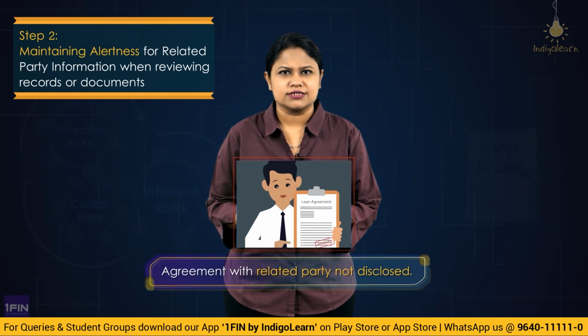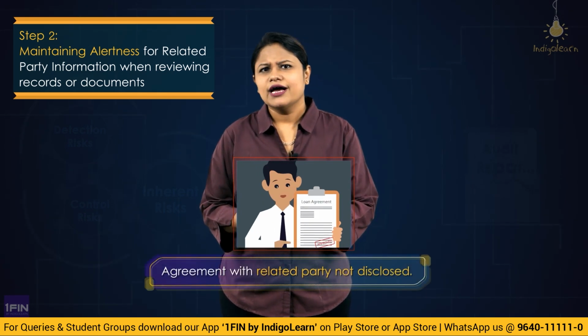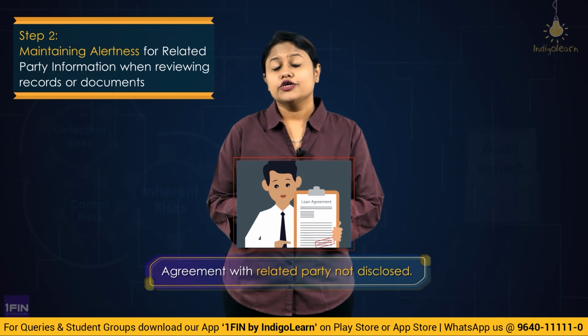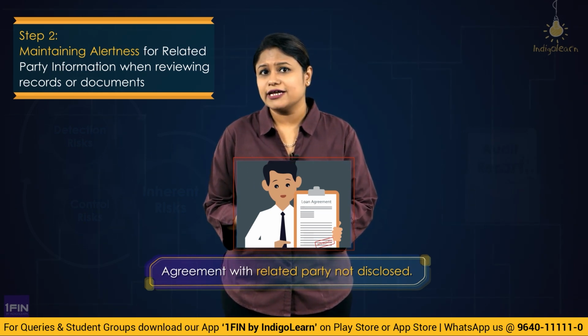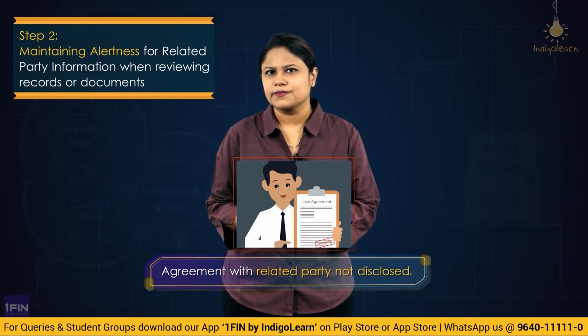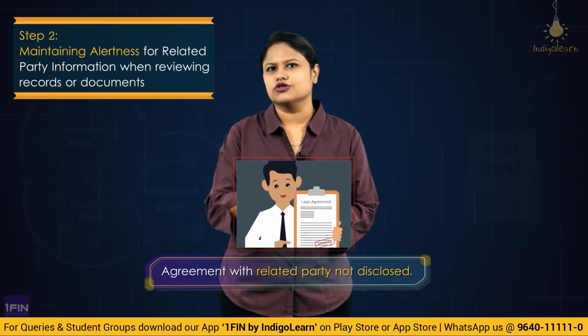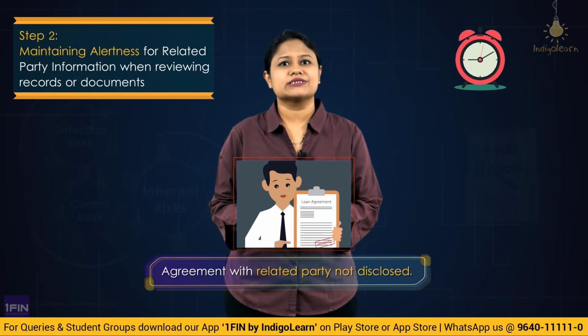There could be a loan agreement that you came across, or any other document, and when you inspected it, you came across a party which was not disclosed to you by the management. When you question the management, they have to tell you everything, but the management has not disclosed. So you have to be very alert with respect to situations like this.